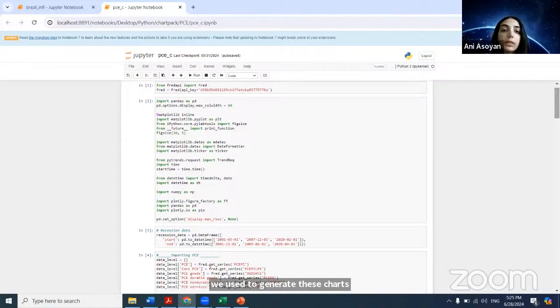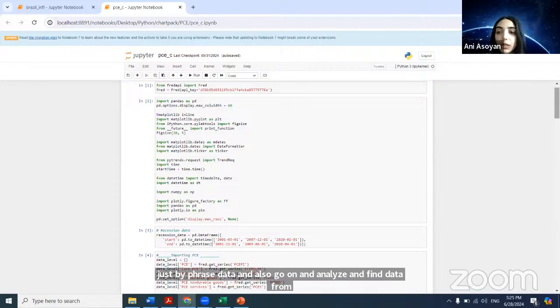For that, basically we import data from FRED for the US economy, but we don't restrict ourselves just to FRED data, and also go on and find data from other sources as well.